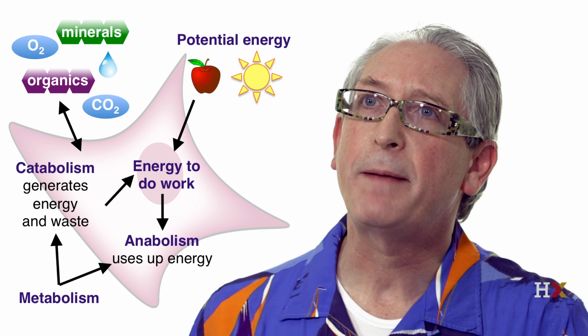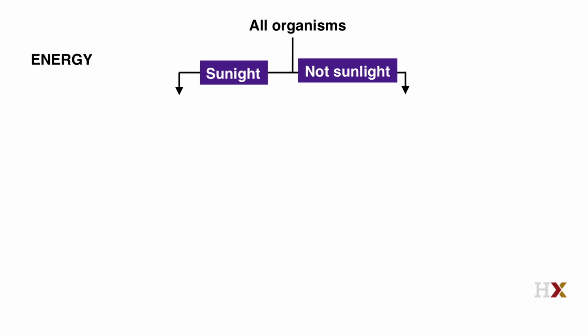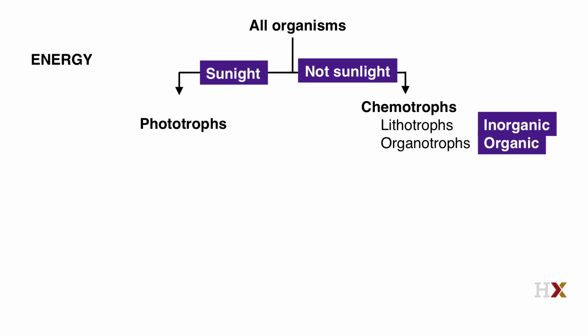Living organisms can be classified based on the source of energy and carbon they use. All the organisms on Earth use one of two sources of energy: sunlight or potential energy stored in food. A living organism using sunlight as a source of energy is called a phototroph. A living organism extracting energy from chemical molecules is called a chemotroph.